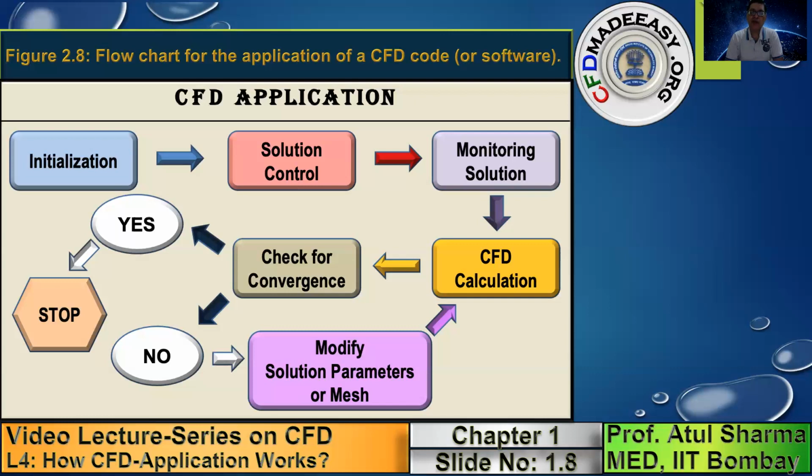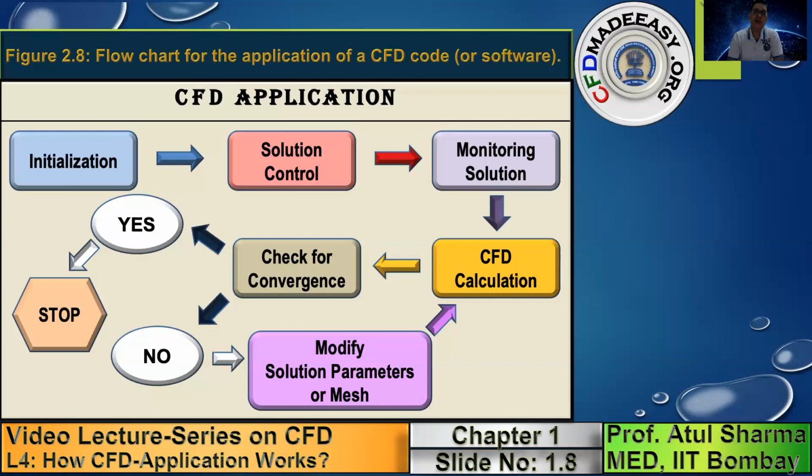Just to give an example, if you have a linear algebraic equation as 3x plus 5y equals 10, versus if you have, let us say, 3x plus 10,000y equals 500, then you can see that there is a lot of difference between the coefficients.